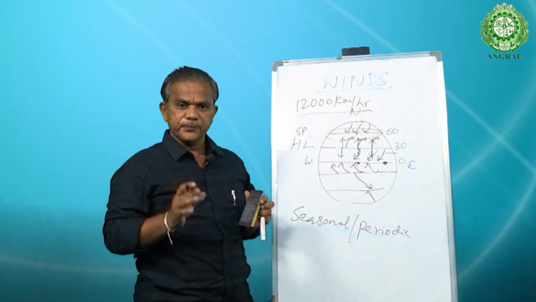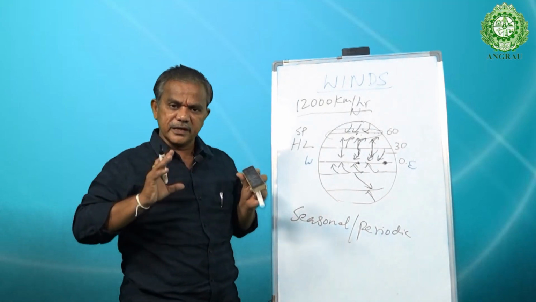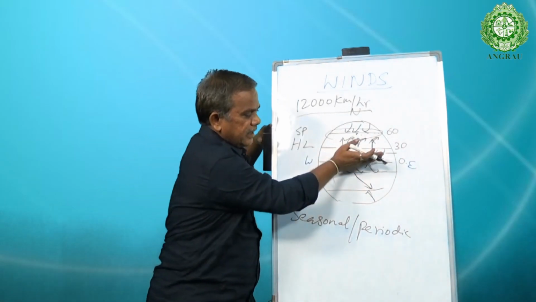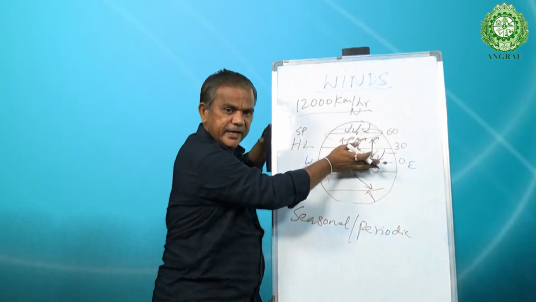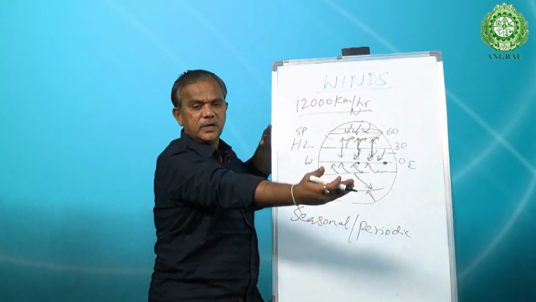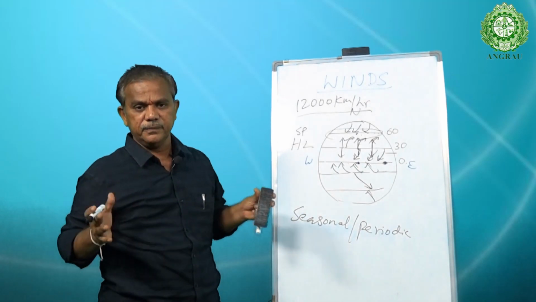So, what is happening is, we have already discussed that the earth is inclined in such a fashion that from March 21st onwards, the entire northern hemisphere of the globe, including the large landmass of India, North India, and also China, the entire Asian continent, gets heated up.